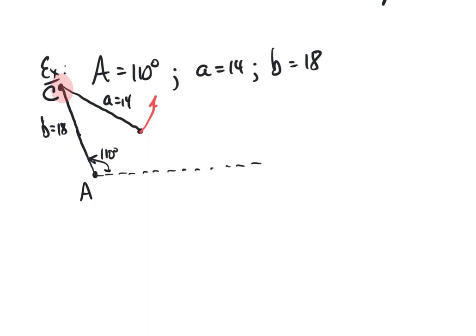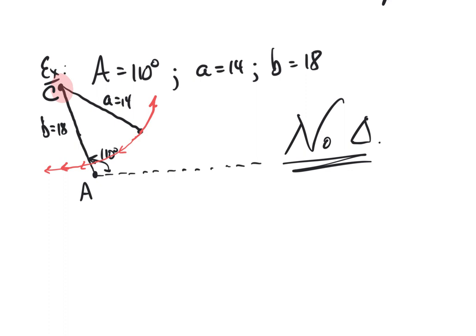But when we swing it down, is the 14 unit side going to be able to get to side C when B is 18 long? No, because A is shorter than B, no matter where you swing it, it's not long enough to get to side C. It can never hit side C. Therefore, there's no triangle possible, and no solving to do.